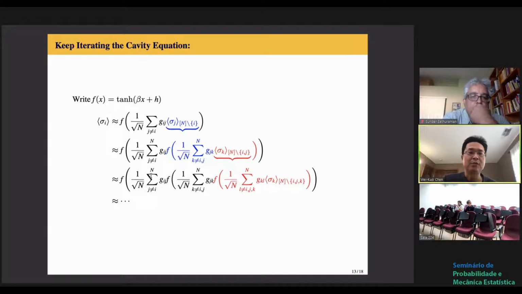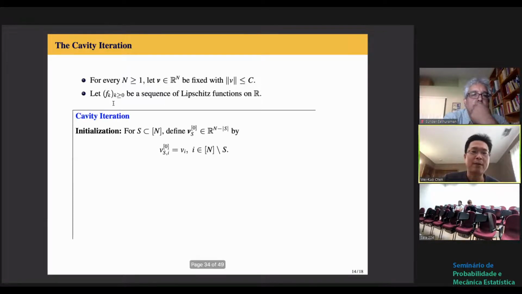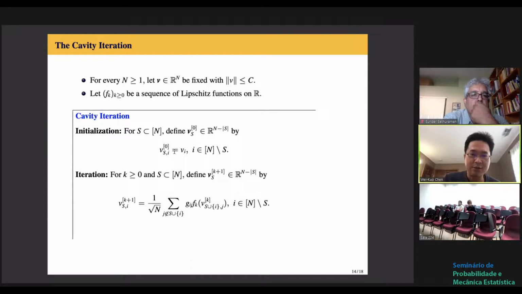All right. So this is my cavity equation, and I'm just going to take this equation to define my iteration. This is my initialization, and f is just some sequence of Lipschitz functions. The iteration is sort of the same as before.